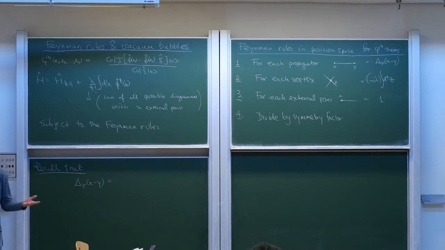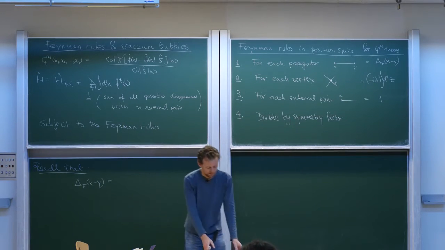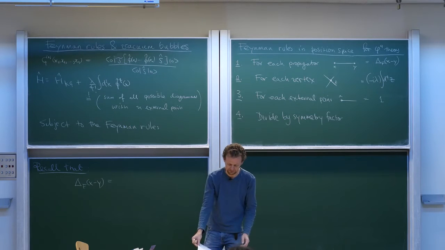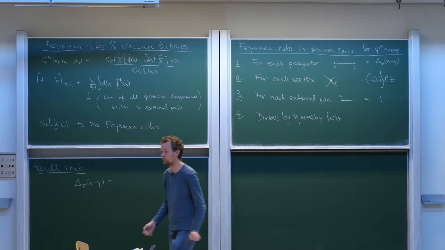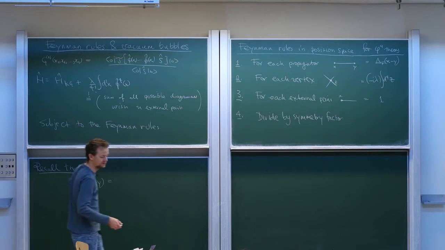We could express it in terms of Bessel functions or whatever. But you can also express it as an integral in momentum space. And when we do that, we see that we could as well have done all of our computations in momentum space.